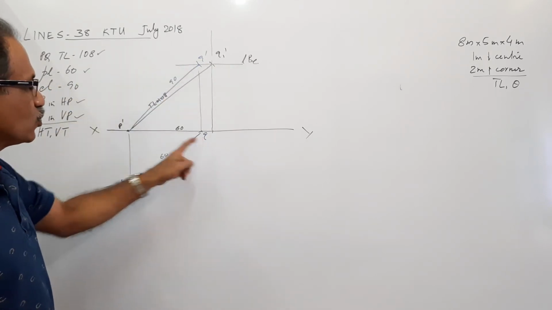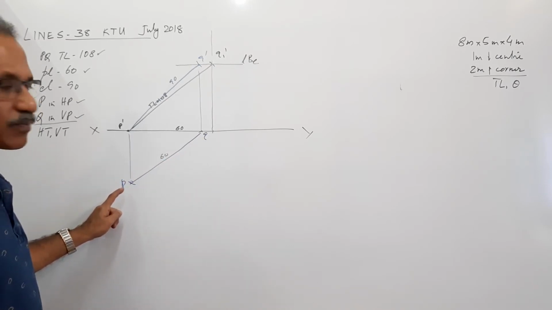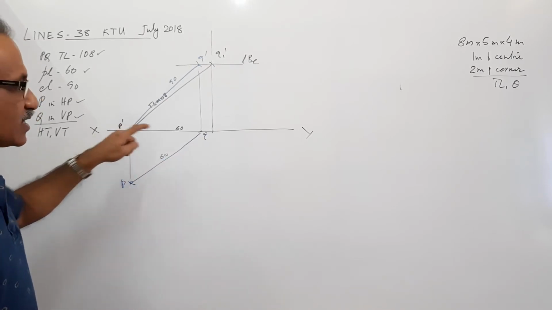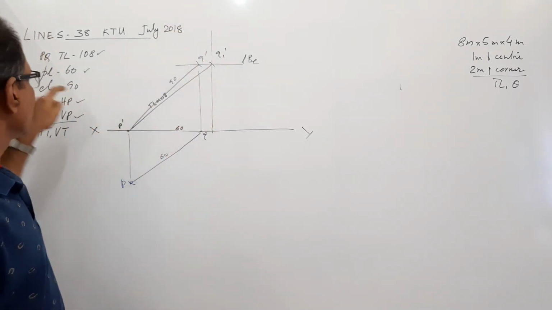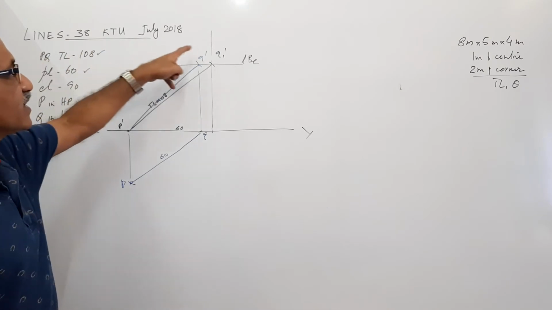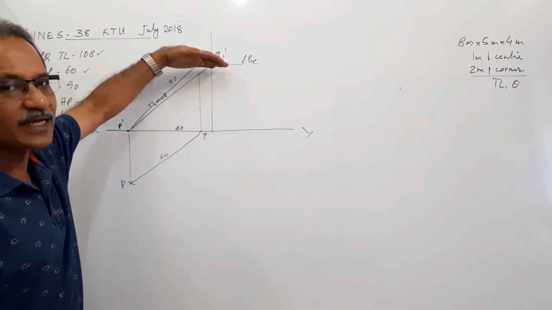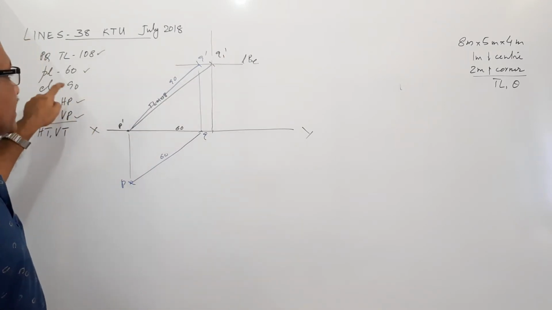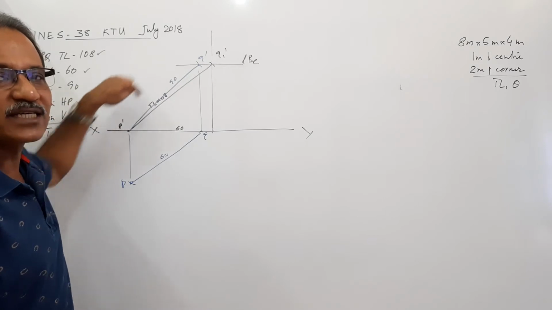Drop it down, you get Q. From Q take the plan length and cut an arc on the projector of P dash. P dash Q dash is the final elevation.